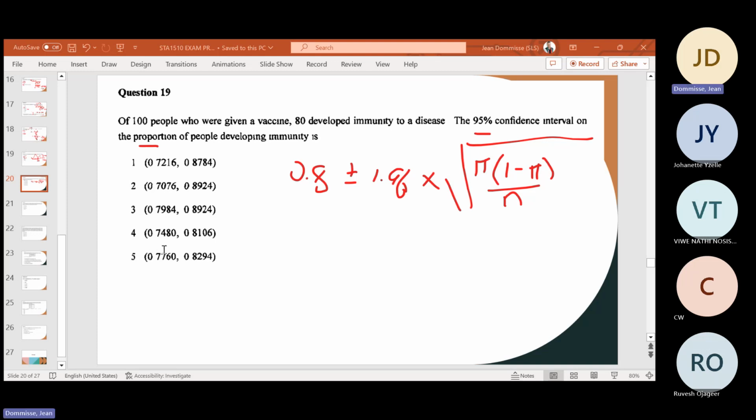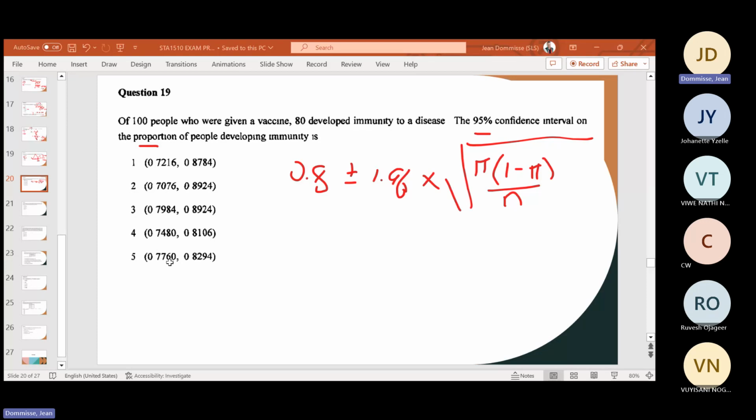So 0.8 times 0.2 is equal to 0.16. 0.16 divided by 100 gives us 0.016.